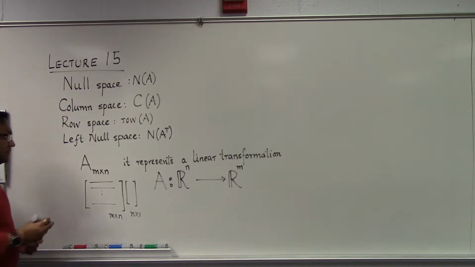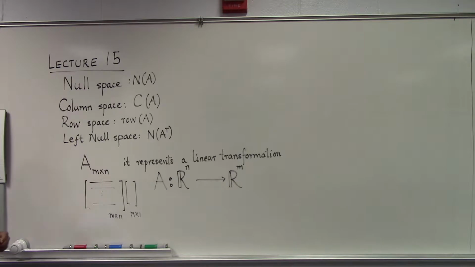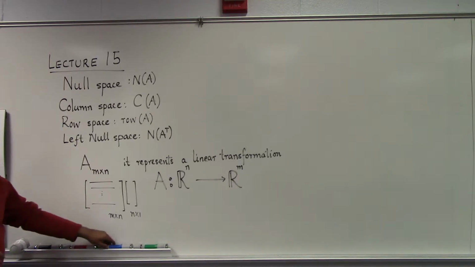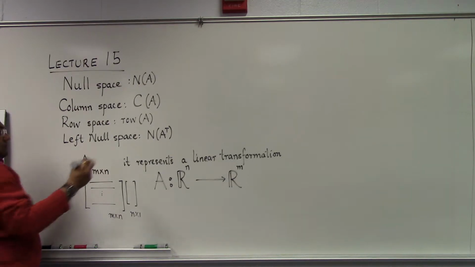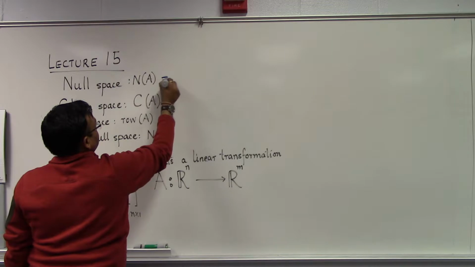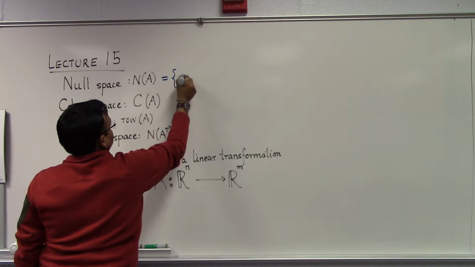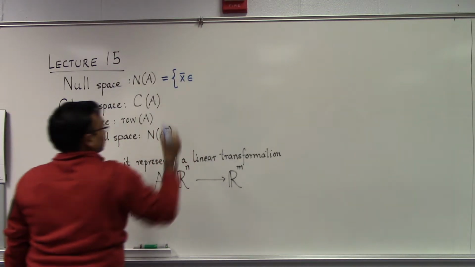And there are certain things that we should be very, very careful about. Where do these spaces live? So for example, what about the null space? The way we had defined null space, it was all those vectors x in the domain.